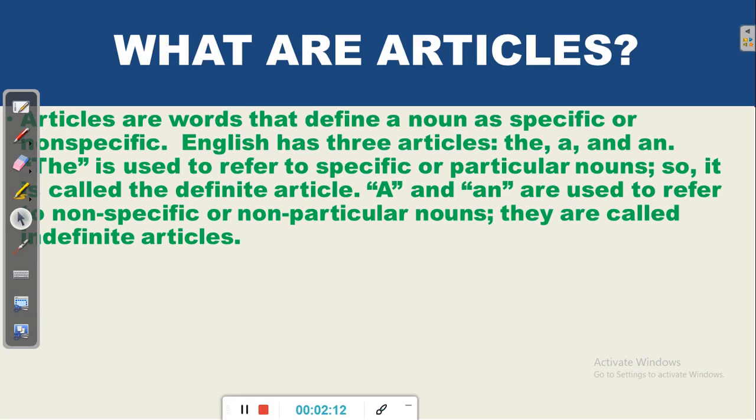We use the definite article the to refer to specific or particular nouns. That is why it is called the definite article. The indefinite articles a and an are used to refer to non-specific or non-particular nouns.